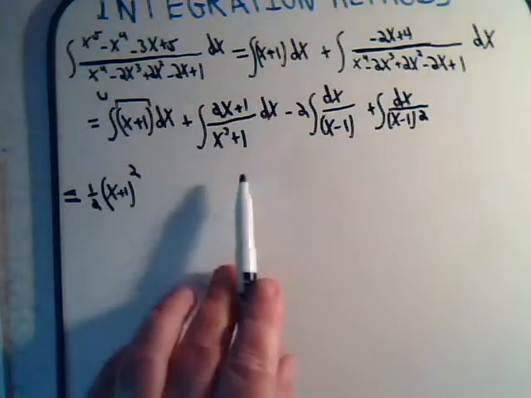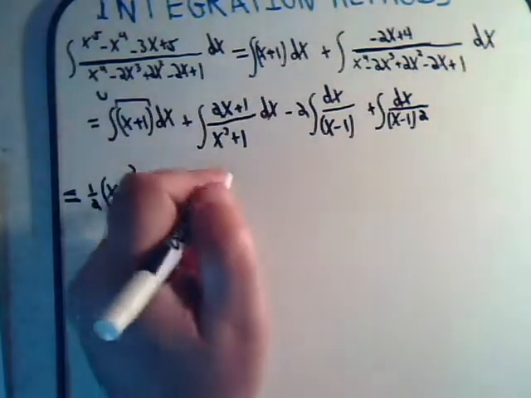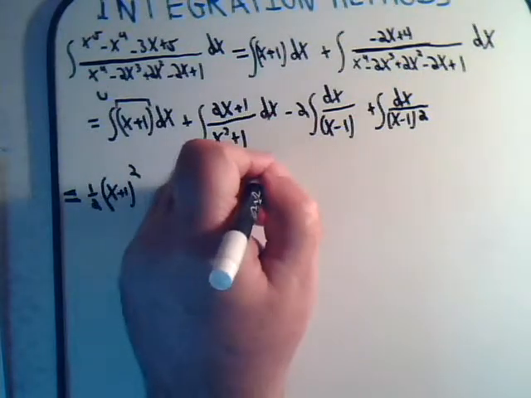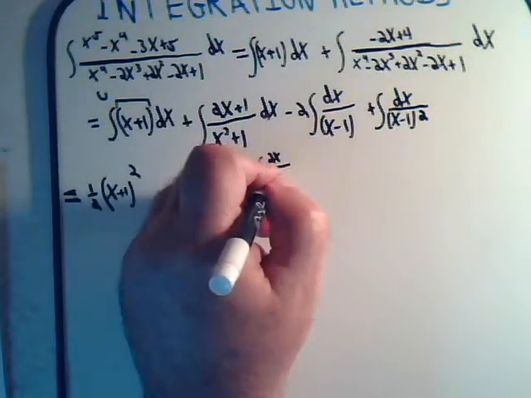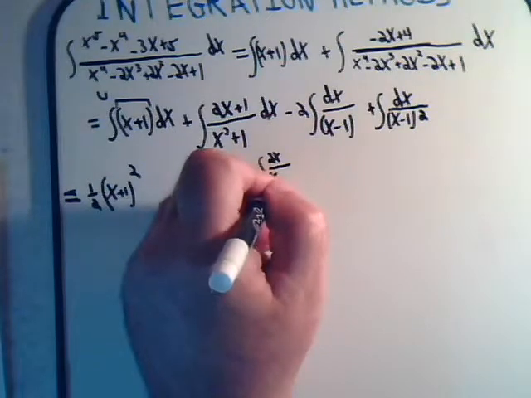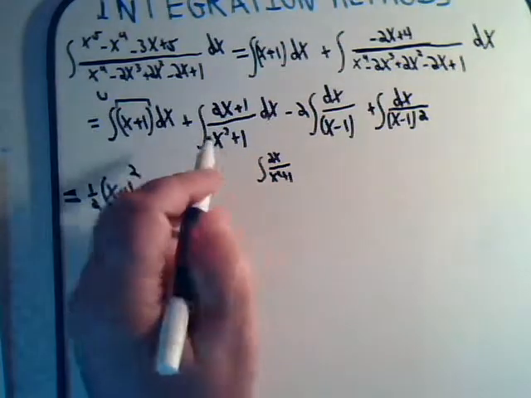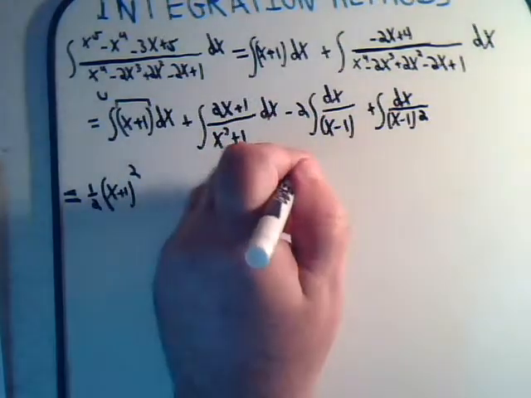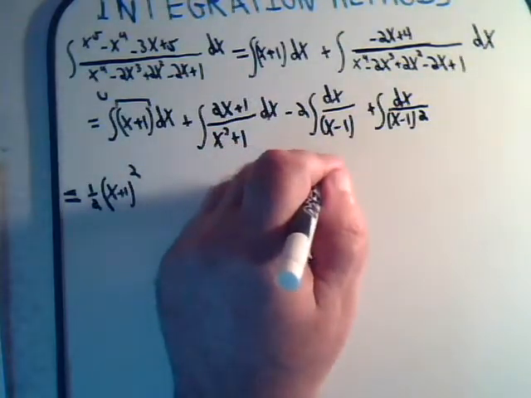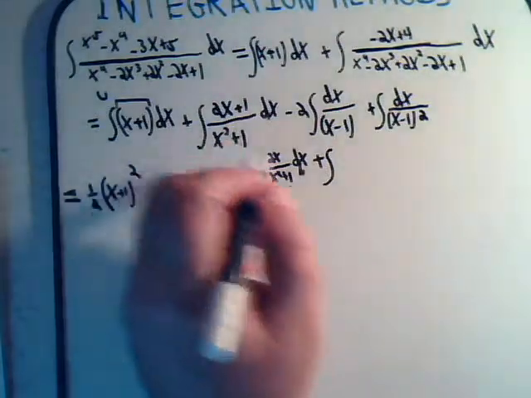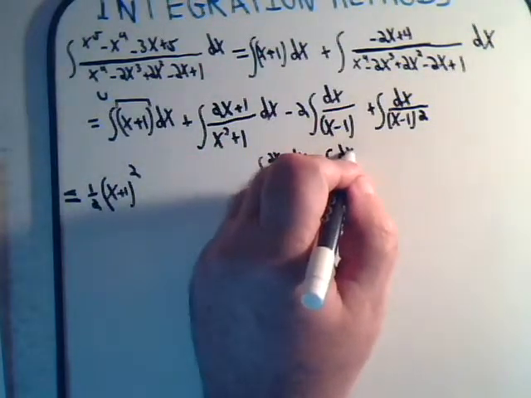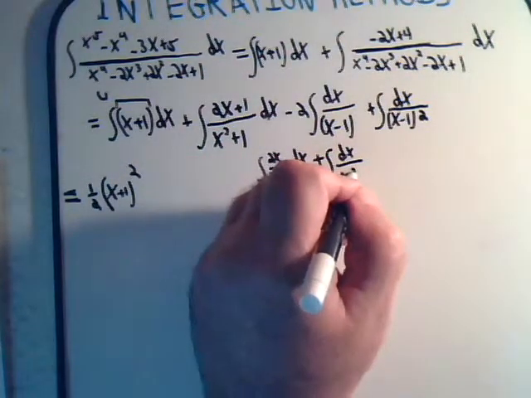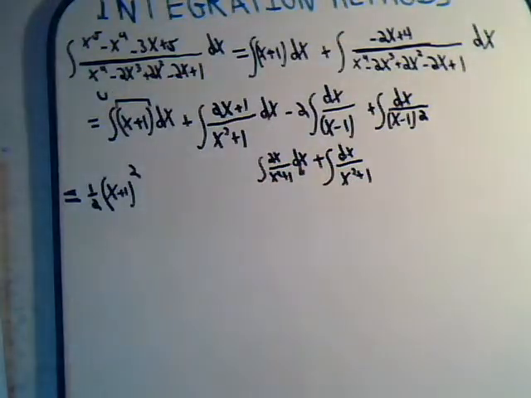Okay, we're going to split this into two integrals here. We've got the integral of 2x over x squared plus 1, plus we're going to have the integral of 1, or dx, over x squared plus 1.